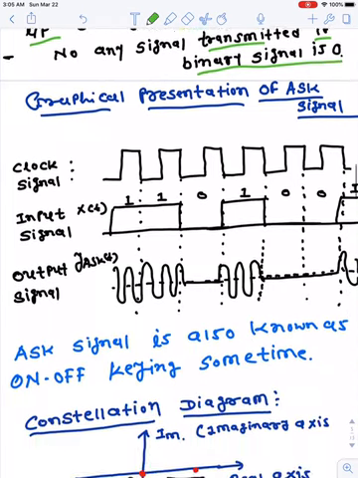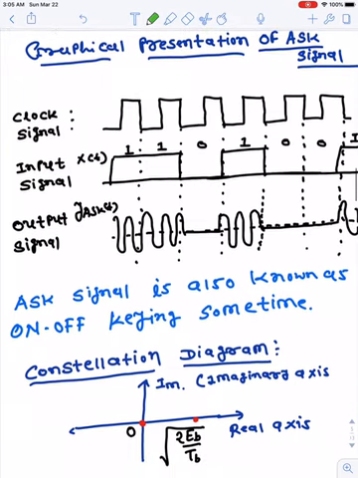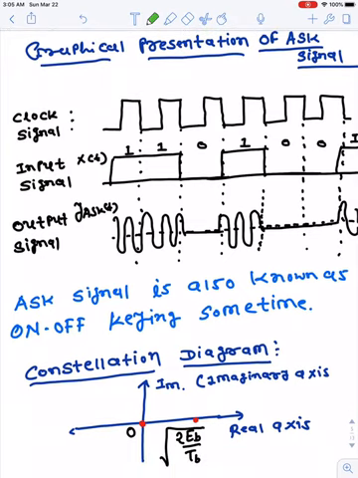Now here there is a graphical representation of the ASK signal. The bits are changing at the boundary of a clock, and consider that every bit is changing at the negative edge of the clock signal. So this is the negative edge transition of the clock from 1 to 0, and at this negative edge the bit is changing.